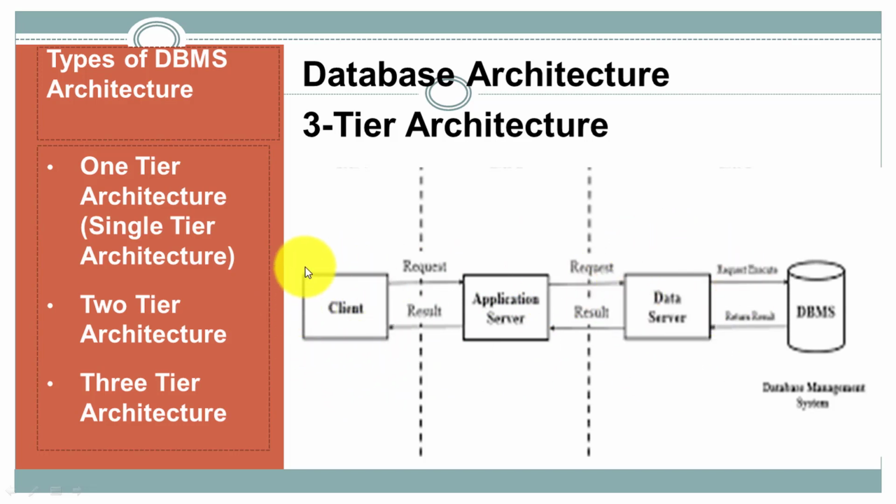The client layer is also called the presentation layer, which includes a PC, mobile, laptop, etc. The middle layer is called the application layer or application server, which is used for processing or programming, and the third layer is the data server.